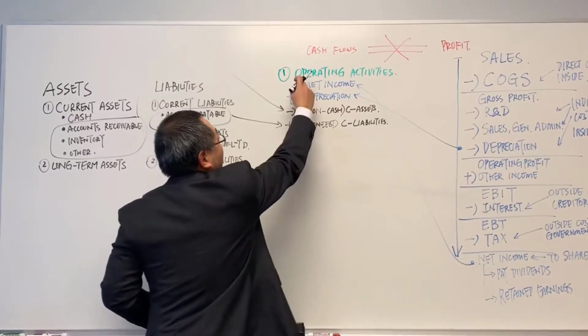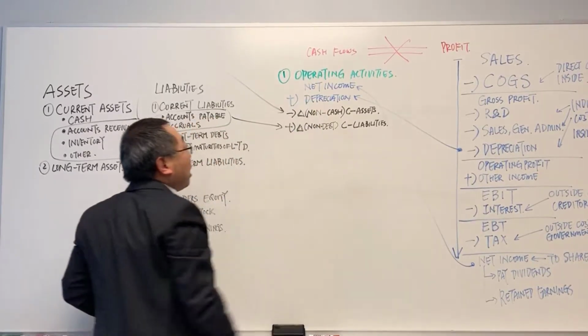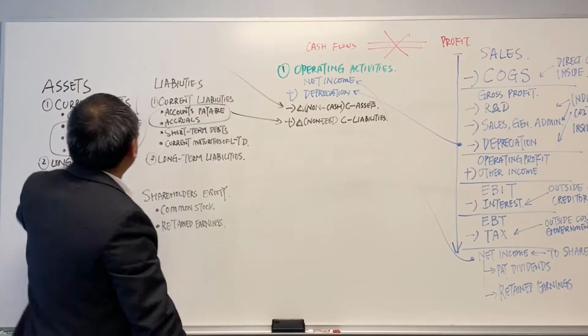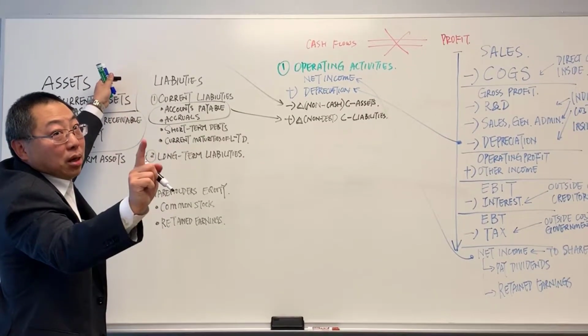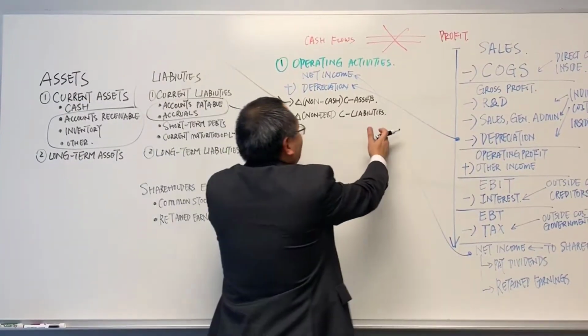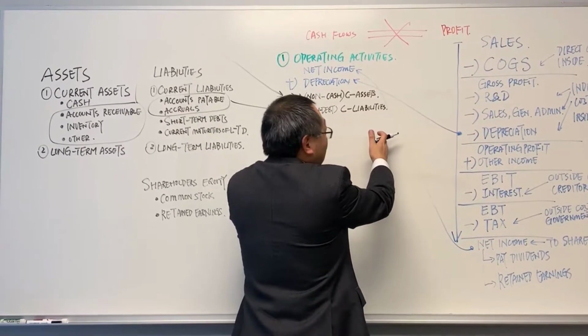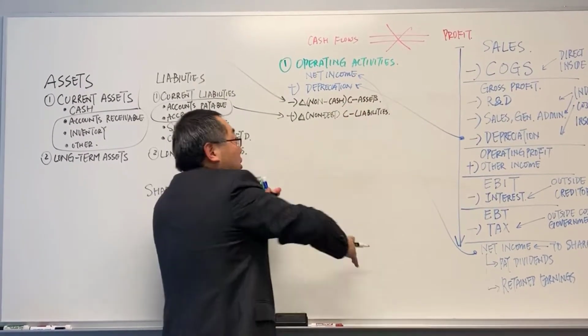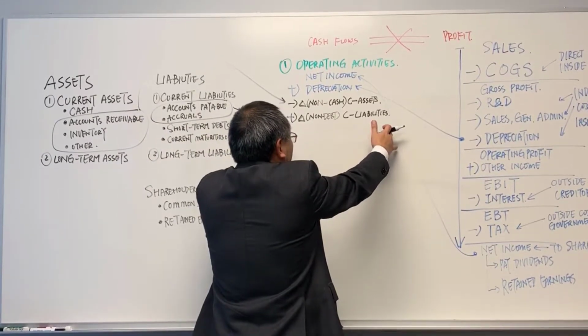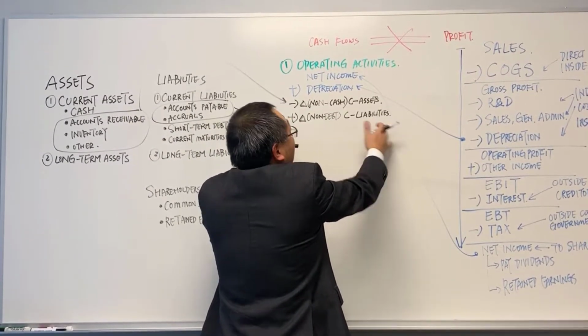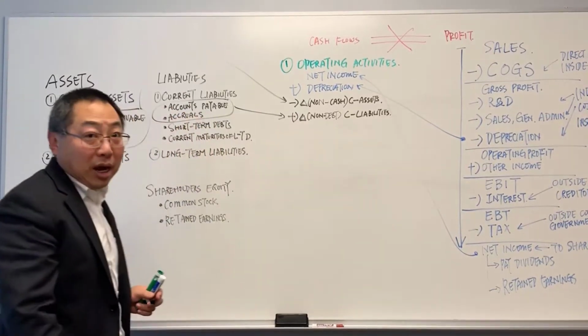You don't have the change in net income or depreciation because the balance sheet only tells you one point in time. In order to discuss cash flow over a period of time, you need to use the end of period level minus the beginning period level. That is a change over time.